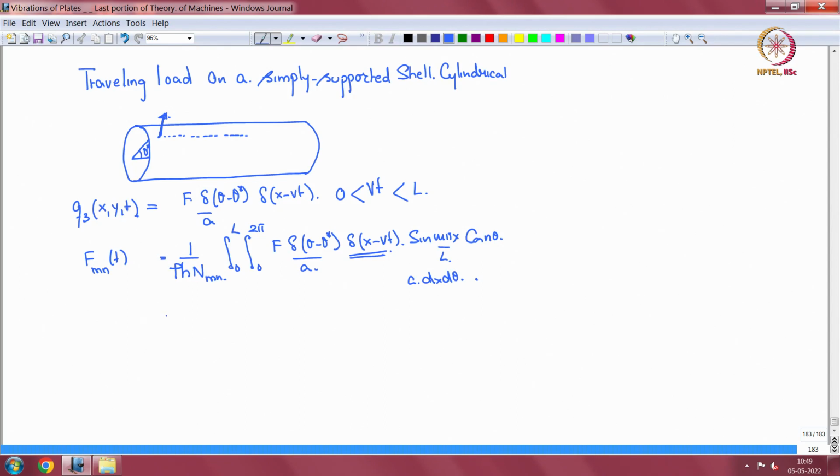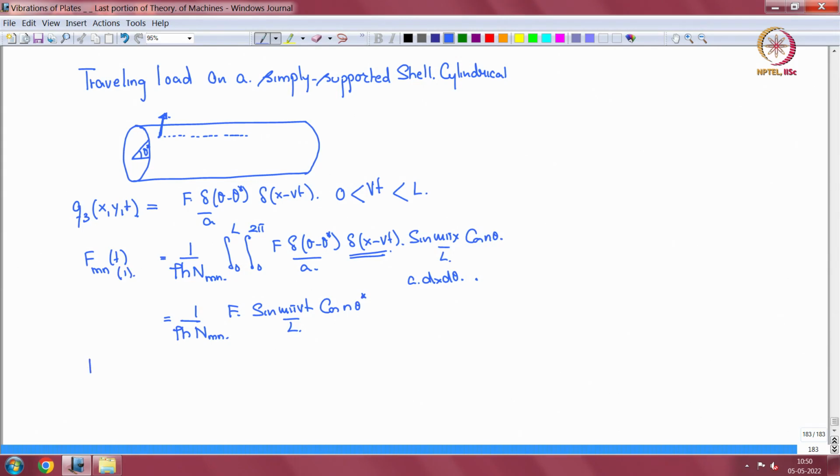So now this is 1 over rho h N_mn, F, sin m pi Vt by L, cos n theta star. That is with set 1.